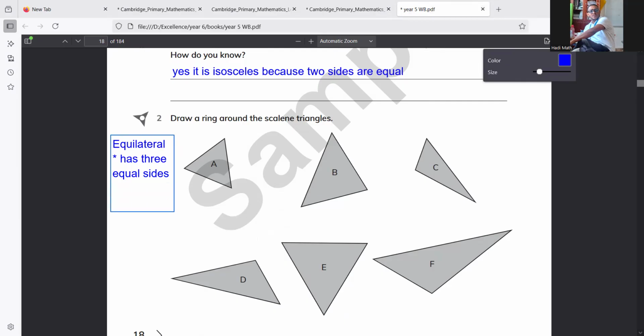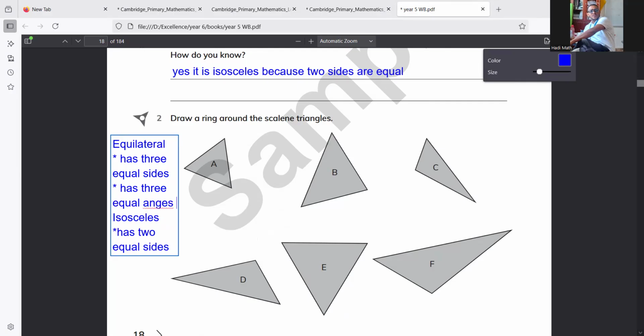Then number 2, you have isosceles. An isosceles, like what? Has two equal sides. And remember, the equilateral one has three equal sides and also has three equal angles.